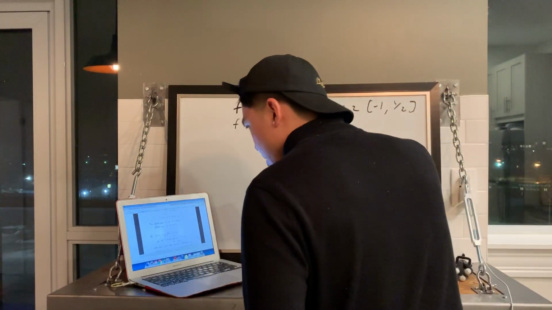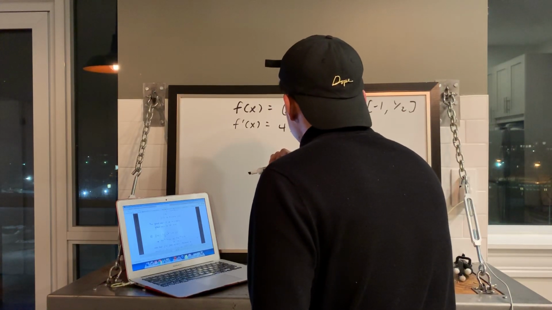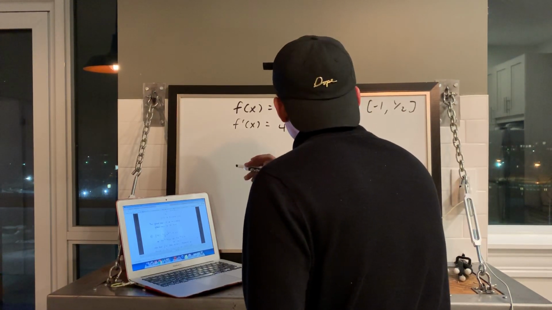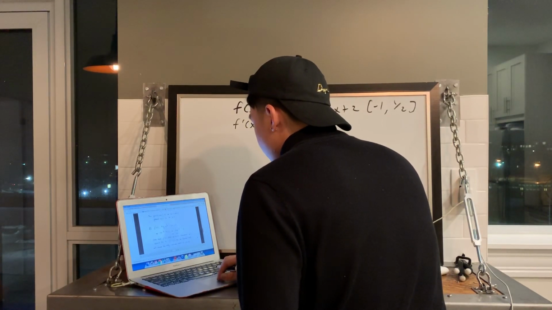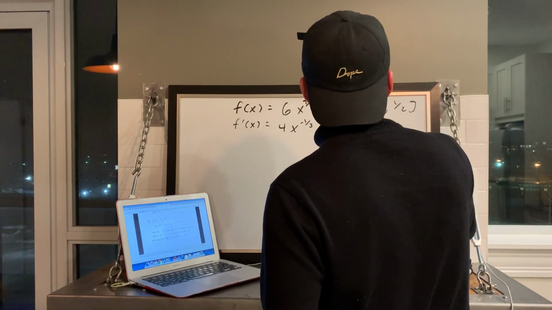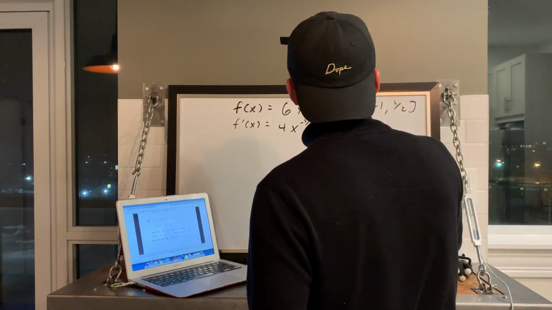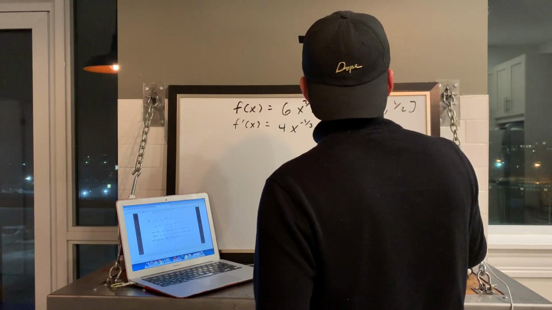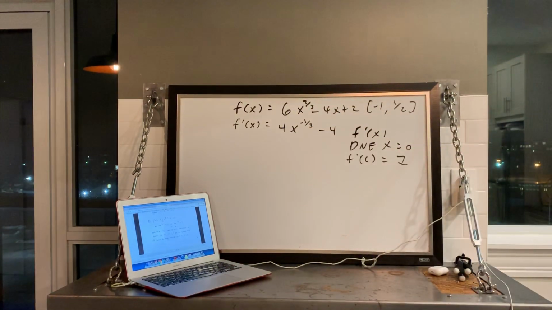That's what we should be getting. If I solve for the critical points, f prime of x does not exist at x equals 0, but the critical point also is 1, because 4 divided by the cube root of 1 is 4, and 4 minus 4 is 0.